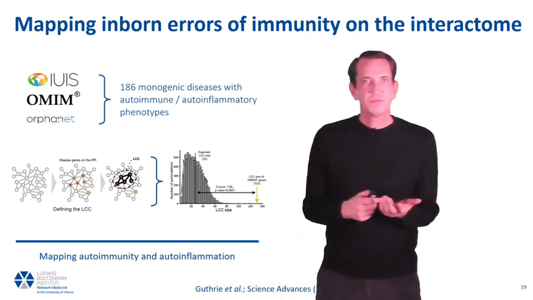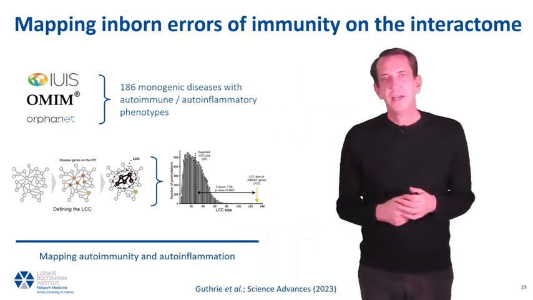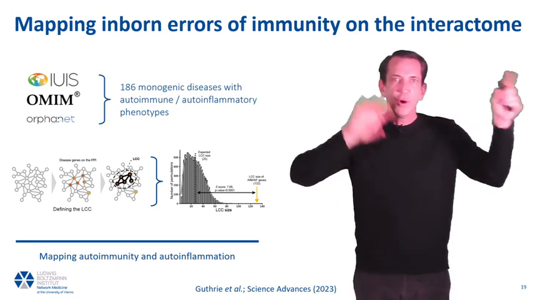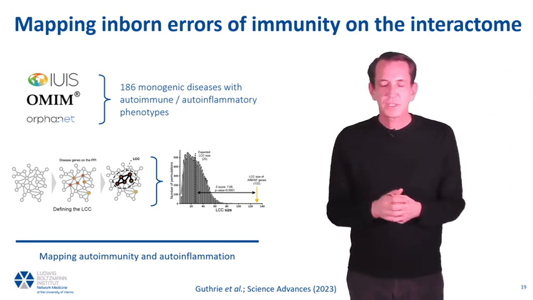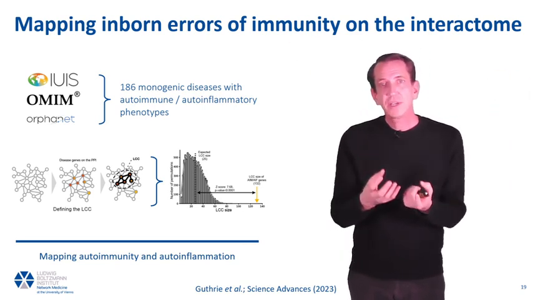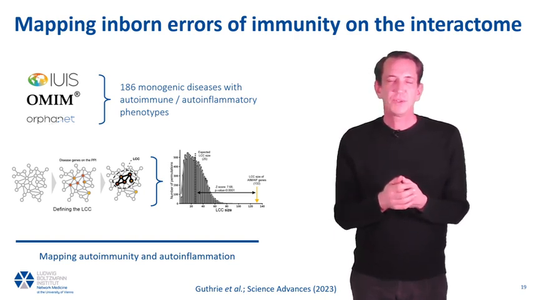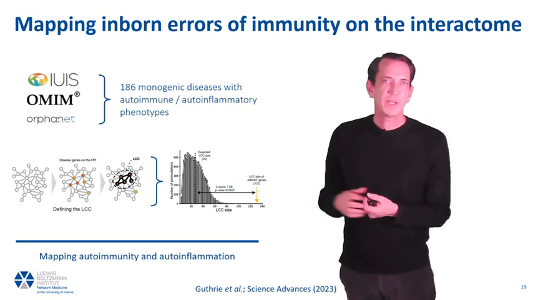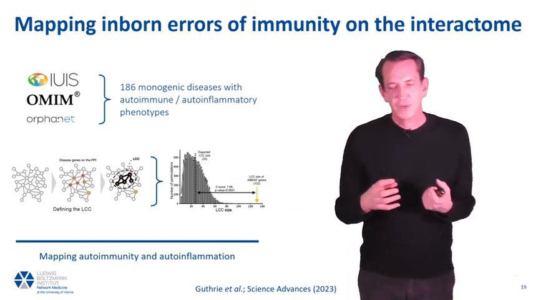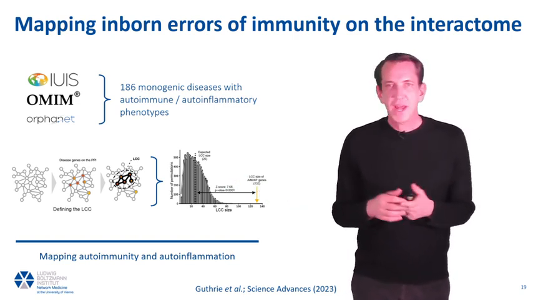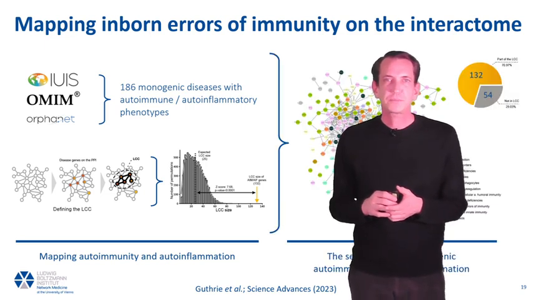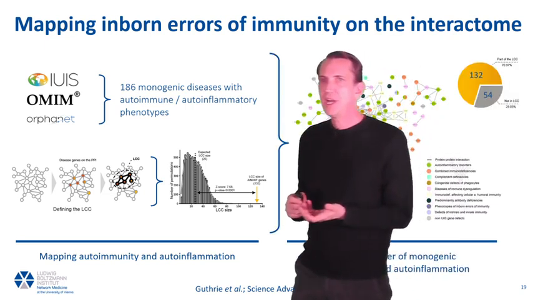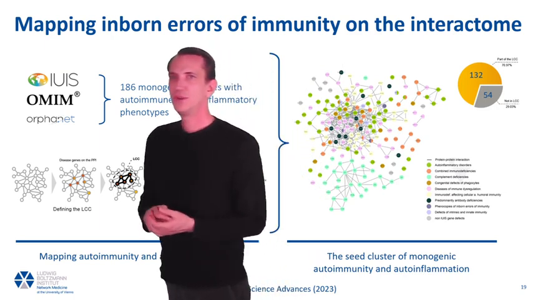A very typical finding is that they are not scattered all over the place in these networks, but that they form a very significantly sized connected component, and one can quantify that by comparing it to the component of just randomly selected genes. And this is what this largest connected component finally looks like.